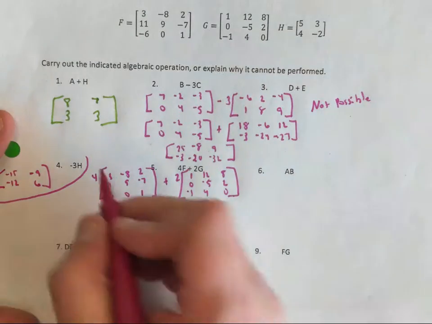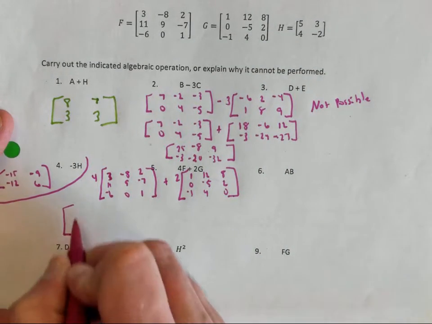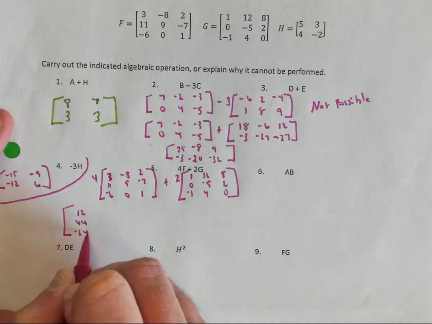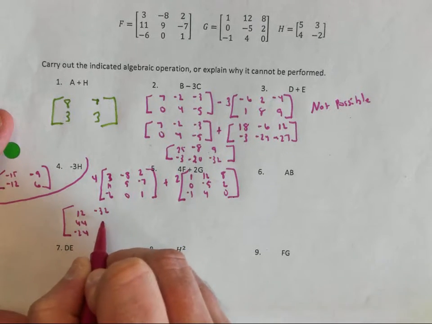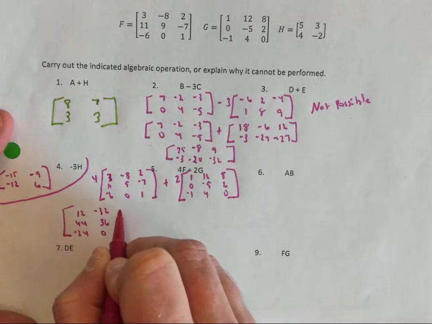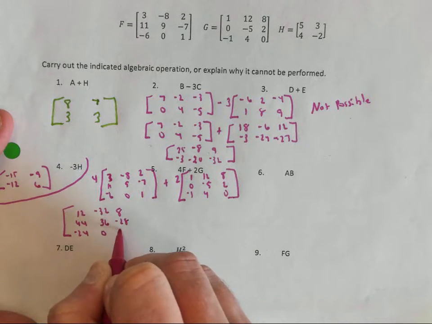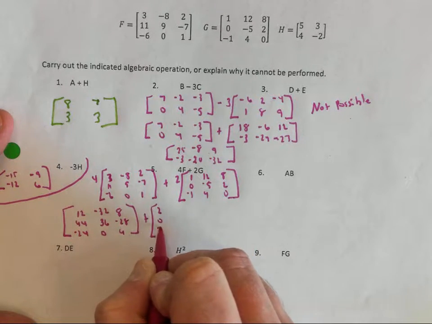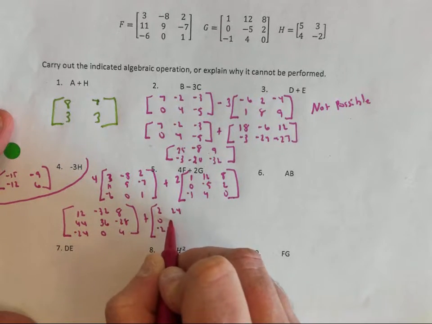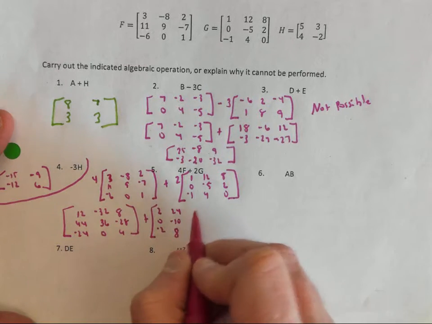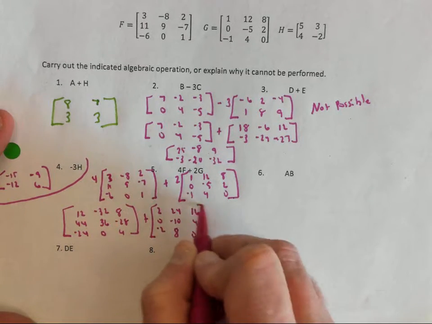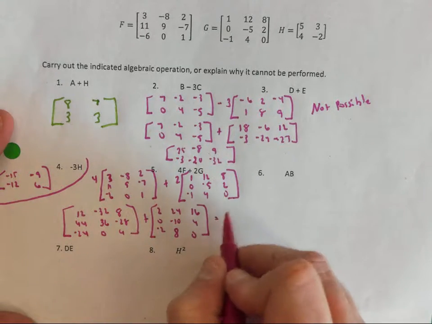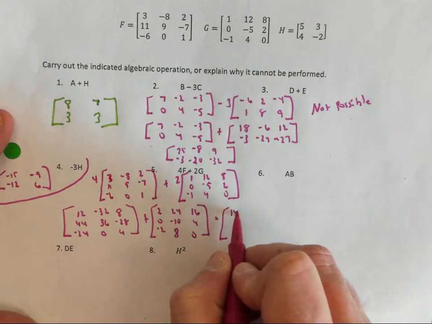So I'm going to multiply everything by that 4. And then combine your elements.